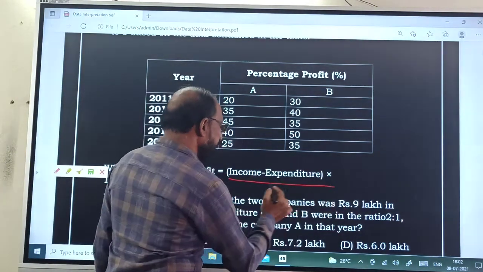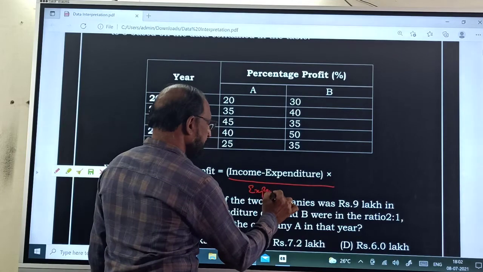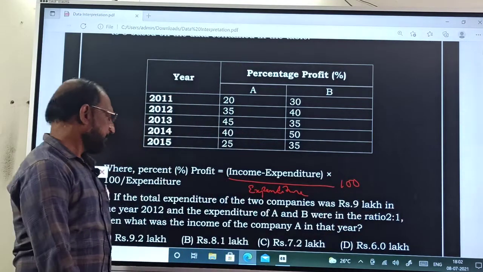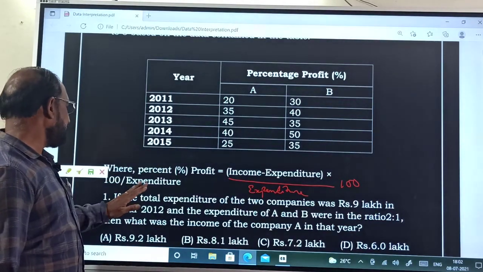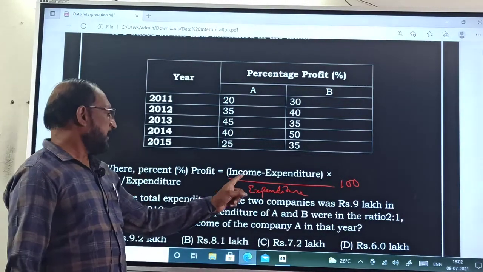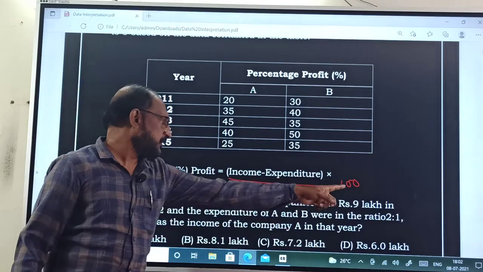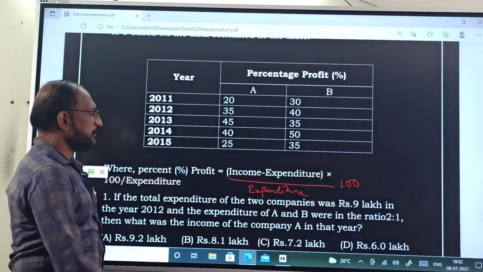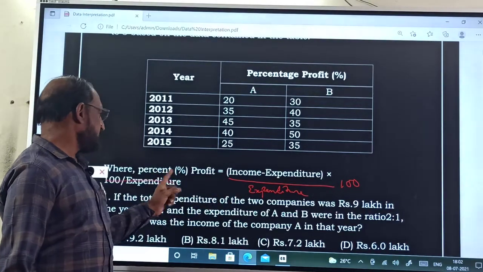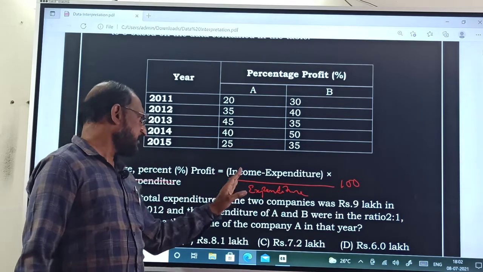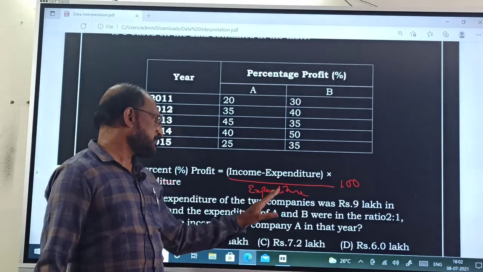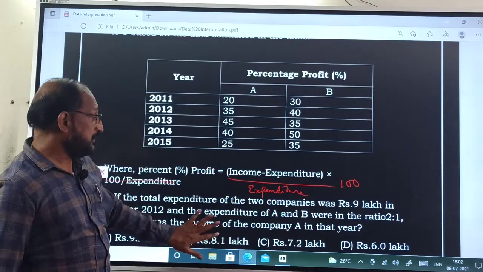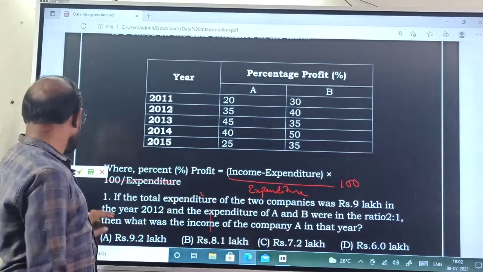Don't confuse it. By application of this formula, we have to answer the given question.